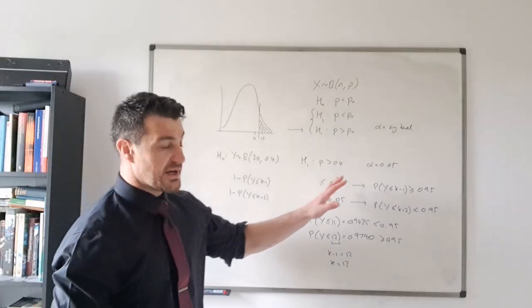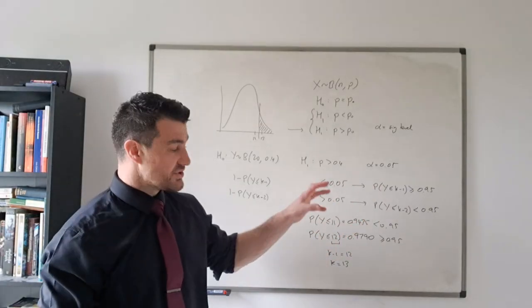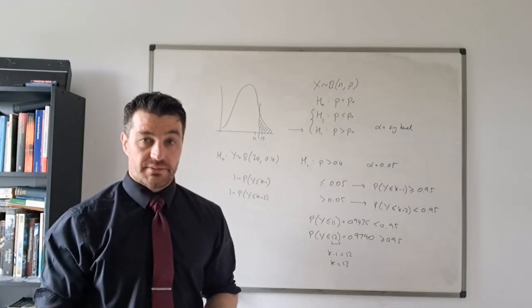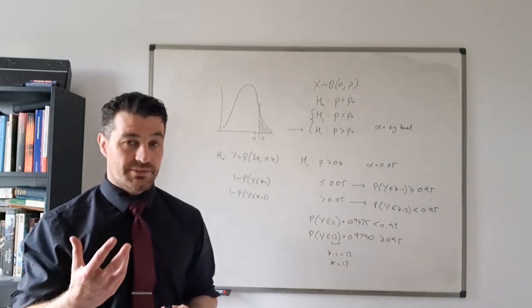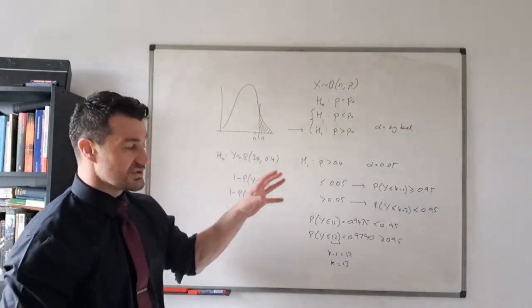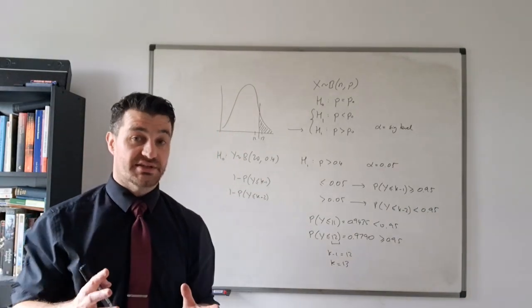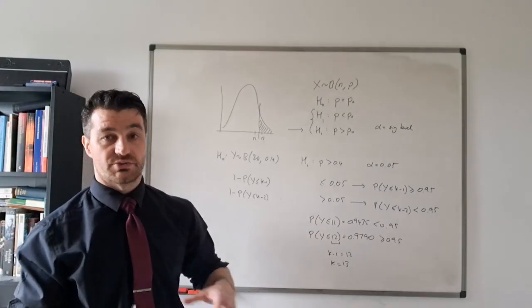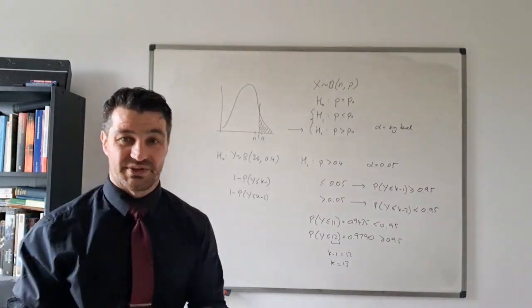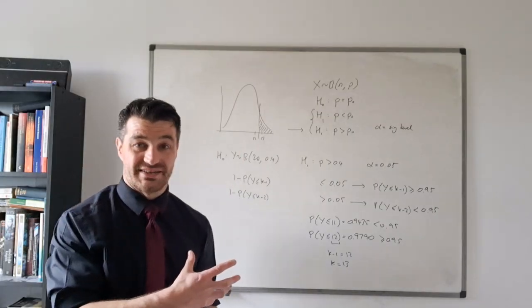So there is a bit of algebraic manipulation that you've got to do, potentially, to figure out what the critical value is going to be. But it is important that you understand how these calculations work. If you don't want to spend the time figuring out how these calculations work, then it's your fault if you struggle to find critical values, because you need to understand this sort of stuff.